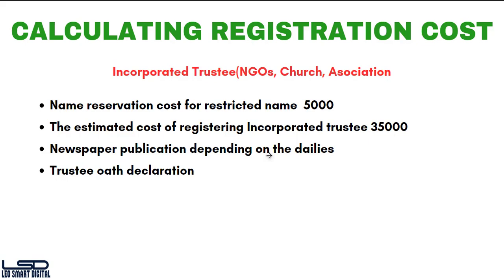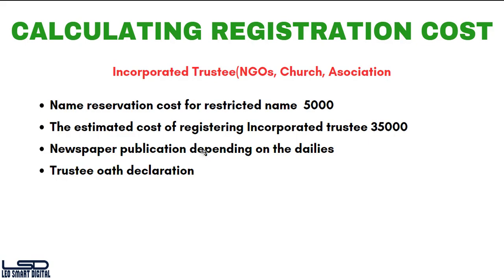Now one of my students approached a newspaper in Ondo State and he was told 18,150. And I had given him a contact whom I use, who does it for 4,000 and 8,000 for both copies.